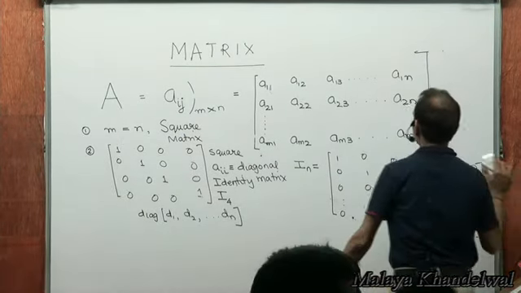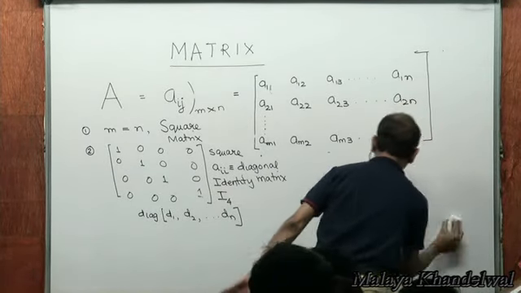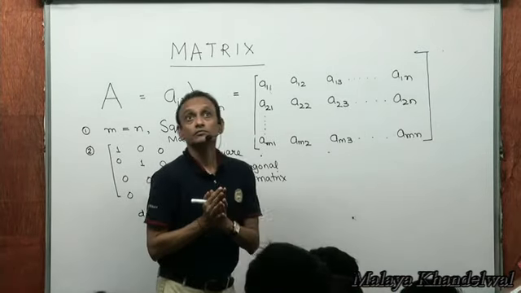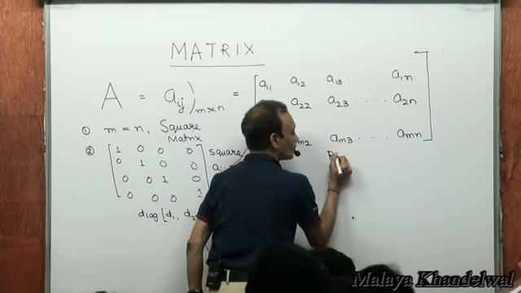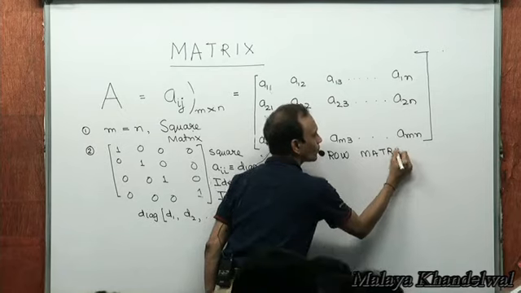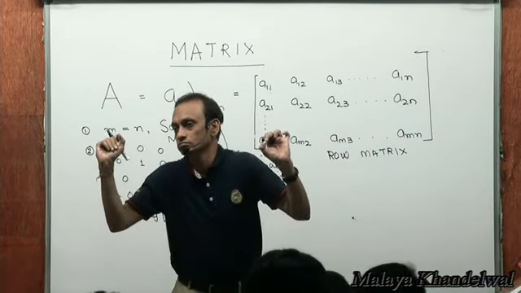Then we have what's called a row matrix. A row matrix has just one row.